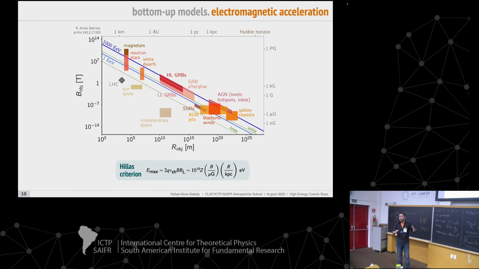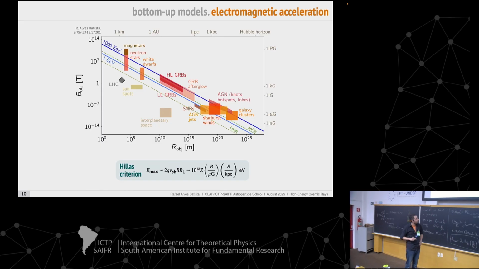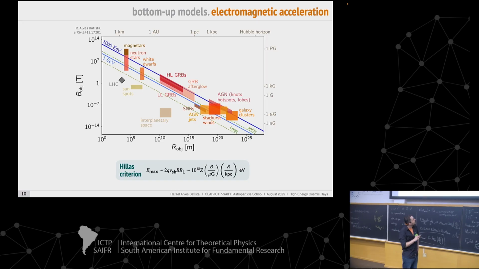So this is the simplest thing to do. The Hillas criterion follows a paper from Hillas, 1984, in which the maximum energy depends on the magnetic field, the Larmor radius, and a few other factors. But bottom line is this.